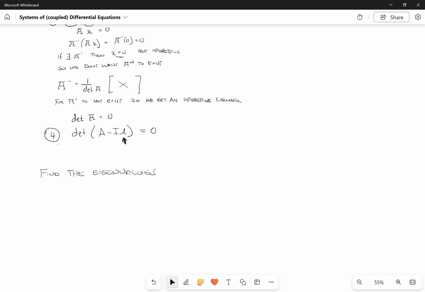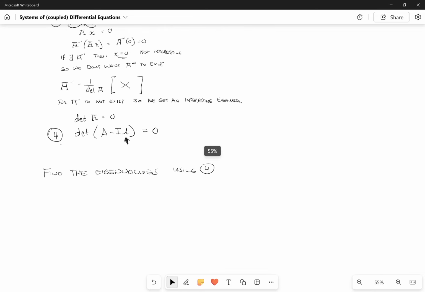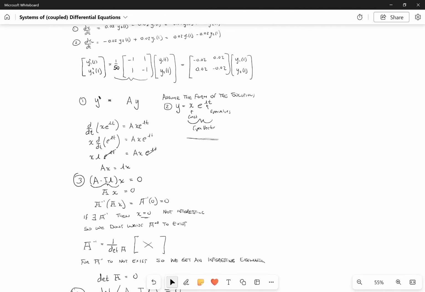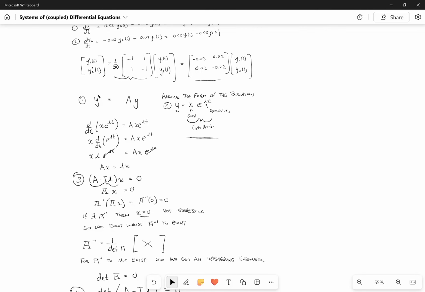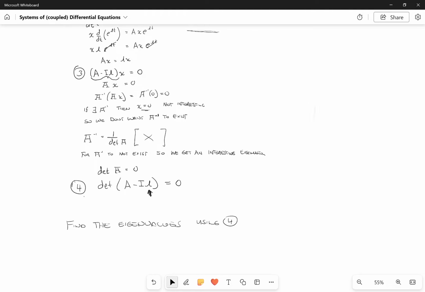Okay, so using number 4. All right, so we need the determinant of A minus I lambda. Well, what is A minus I lambda? Well, what's A? A is this guy right here. There's A. So A minus lambda is just put the lambdas across the diagonal. So negative 0.02 minus lambda.